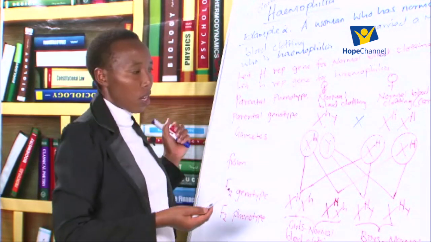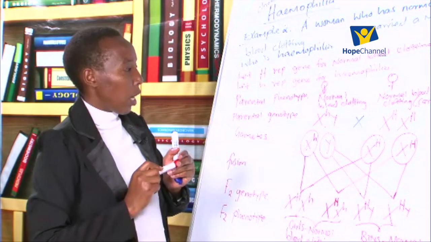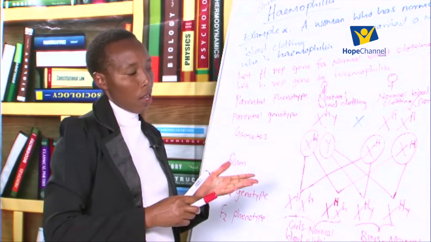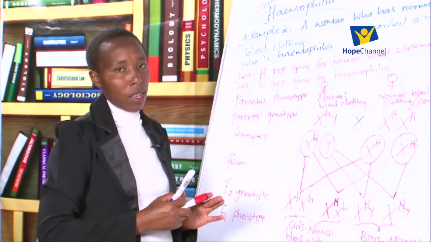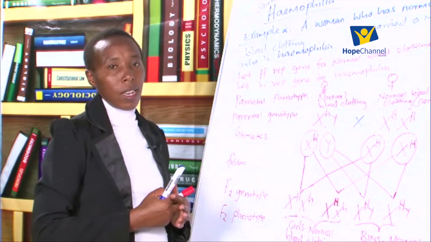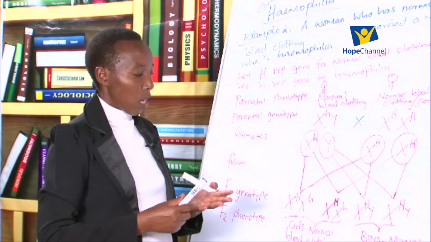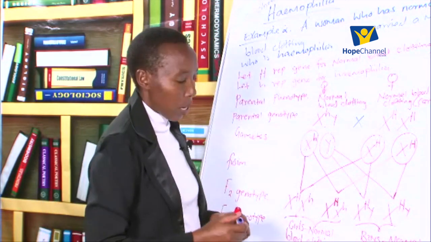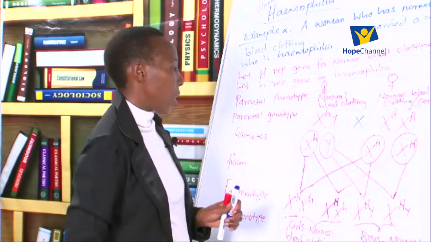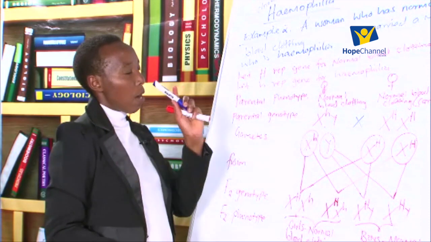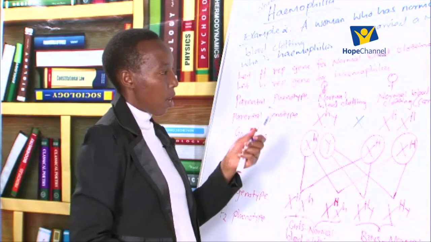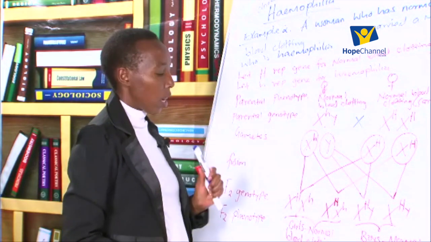Now the question is, why do we say that this condition mostly affects boys? Why not girls? I think that is a question that I tried to answer in the previous lesson, but I could wish to repeat. Why do we say that the hemophilia condition mostly affects the boys and not the girls?